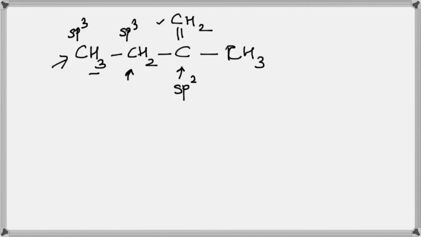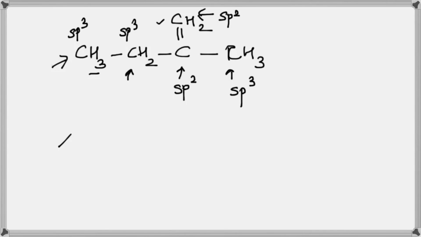The fourth carbon atom here has no double or triple bonds, so it is sp3 hybrid. And finally this carbon at the top also has a double bond, so it is sp2 hybrid. That's how we decided the hybridization of each carbon atom.